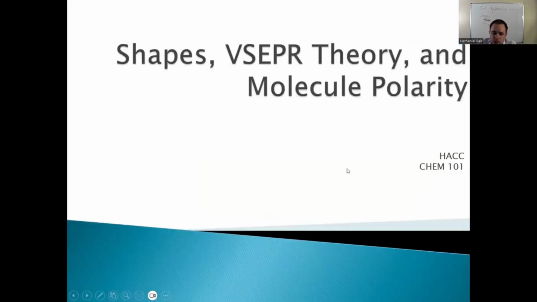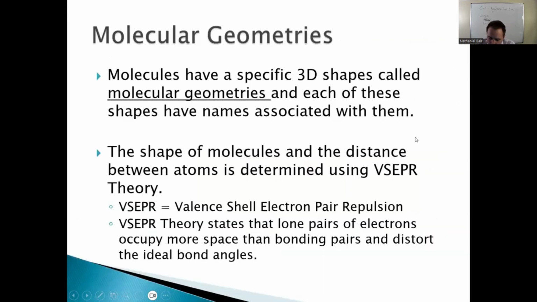Shapes, VSEPR theory, and molecular polarity. So the last chapter was all about how to draw the right structure, connect everything, figure out how many single or double bonds there are, all that stuff. But the problem is the way we've been drawing these molecules on a two-dimensional piece of paper.